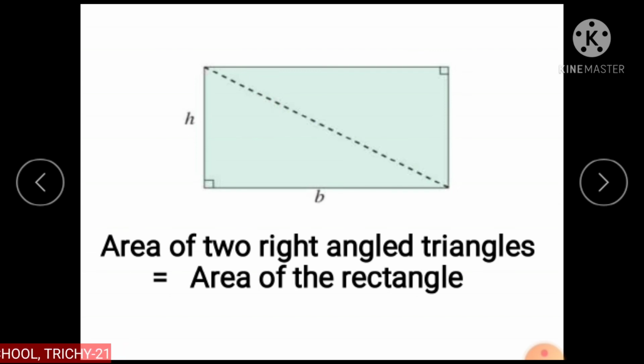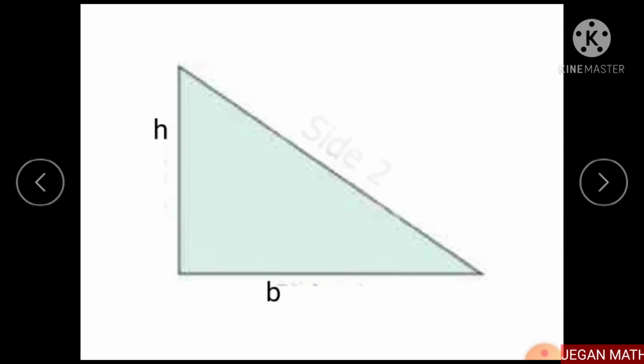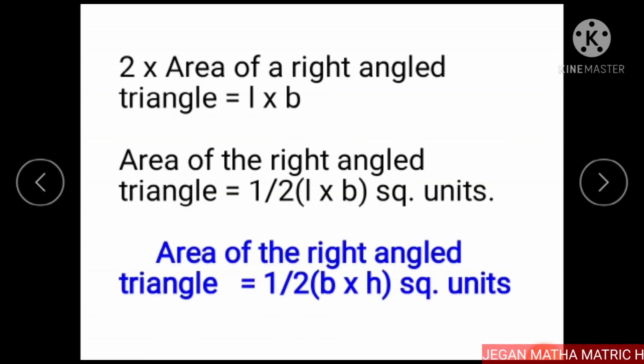Area of two right angle triangles equal to area of the rectangle. 2 into area of right angle triangle equal to area of rectangle equal to L into B. Area of the right angle triangle equal to 1 by 2 into L into B square units.